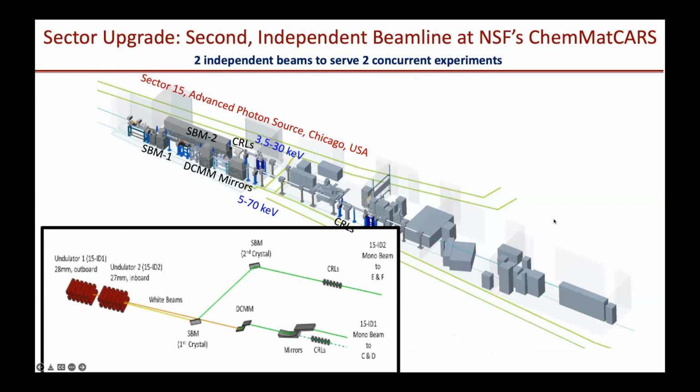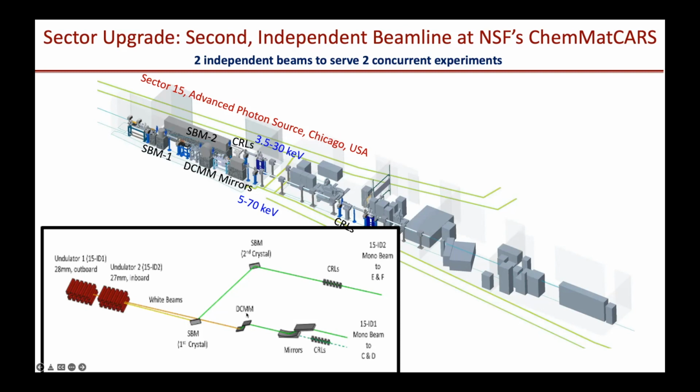Because of the strong demand from our user community for more beam time and new techniques, we were recently funded to build a canted undulator at our beamline. Here we show the beamline optics. The straight line, which is the existing beamline, will get a new monochromator and mirrors. This monochromator is a double silicon crystal and multilayer crystals.